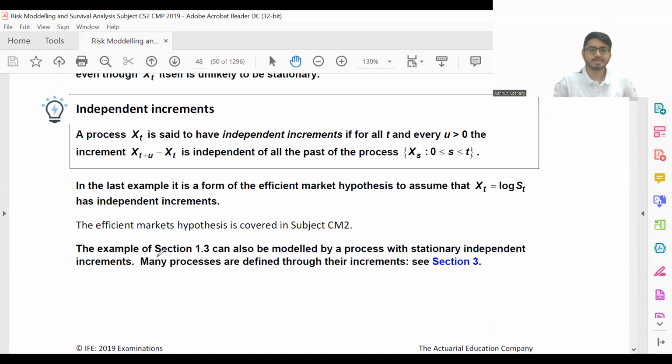A process xt is said to have independent increments if for all t and every u greater than 0, the increment xt plus u minus xt is independent of all the past of the process.